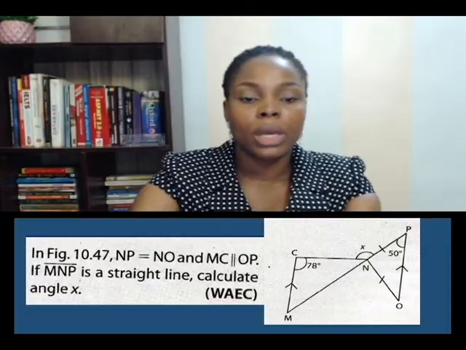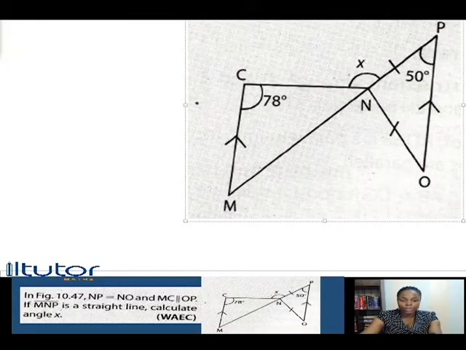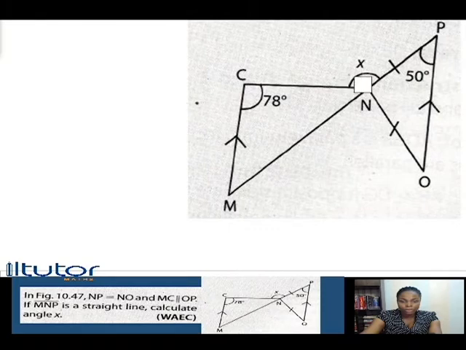Look at line NP. Line NP is equal to line NO. What this implies is that triangle NOP is an isosceles triangle, since these two sides are equal.